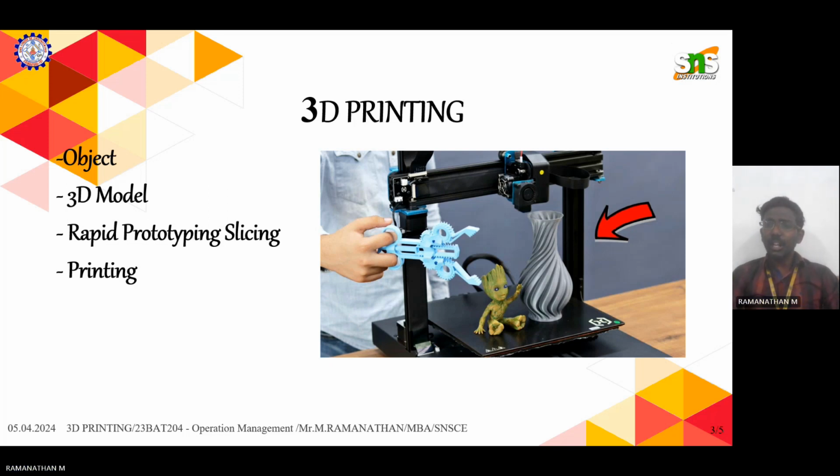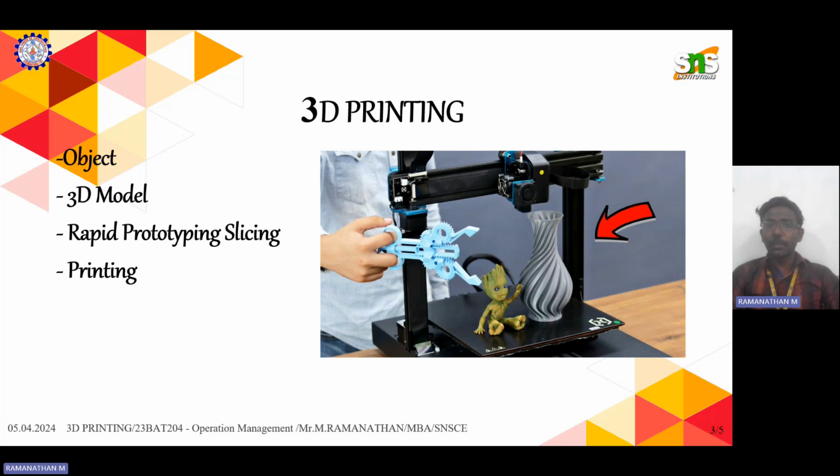In printing, it's not only the 3D machine that is important; designing is also important. If you take a new design, you have to design it in 3D, using AutoCAD or CAD software. You have to design that particular product and feed it to this machine.